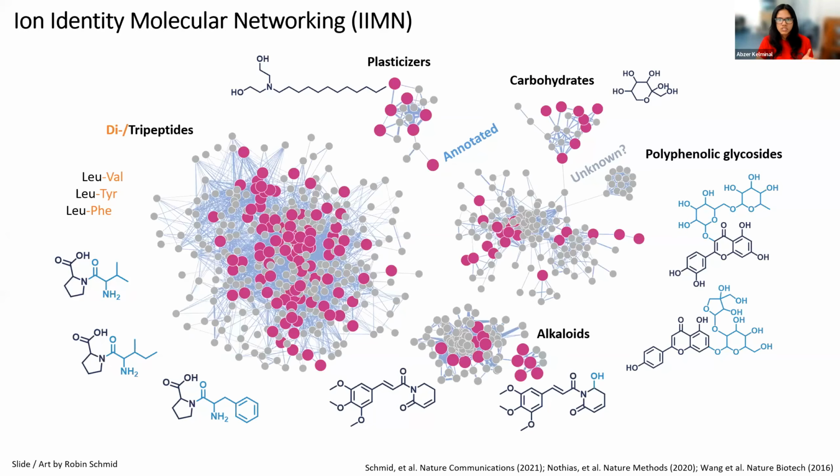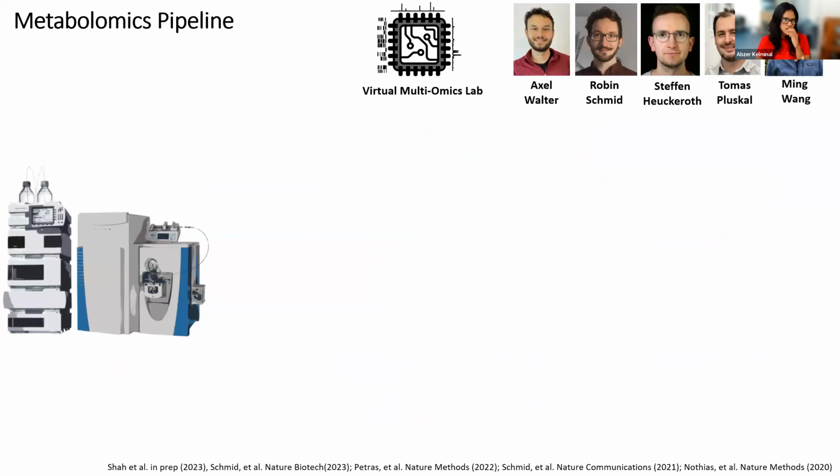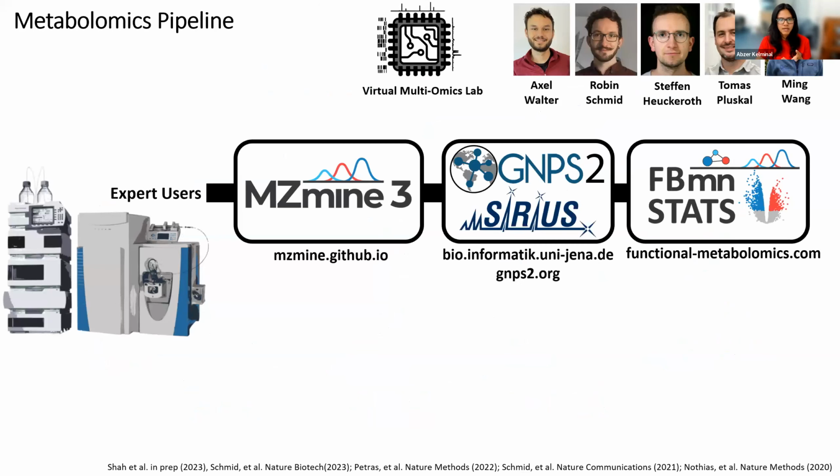So with this information about molecular networking, what we do with our metabolomics pipeline is that once you get your data from your LCMS/MS analysis, we perform MZmine, with which we detect the features. And once we detect these features, we go on to GNPS, perform molecular networking, which provides us a certain level of annotation.